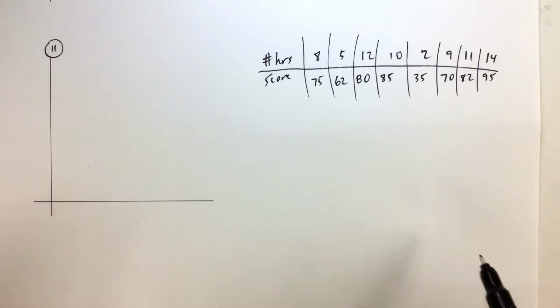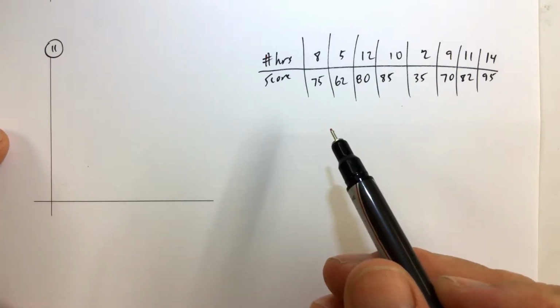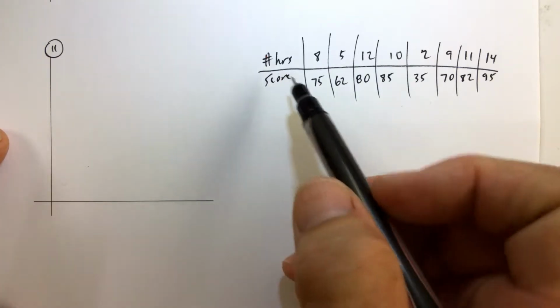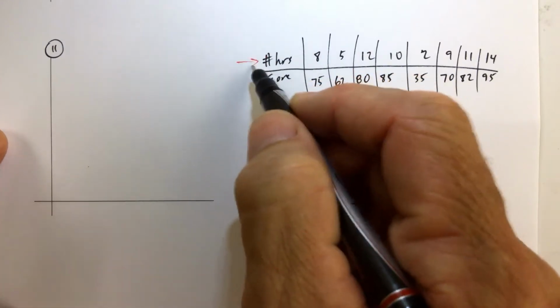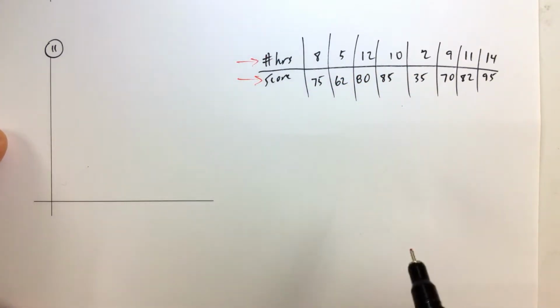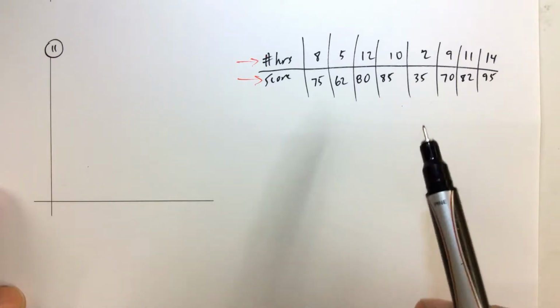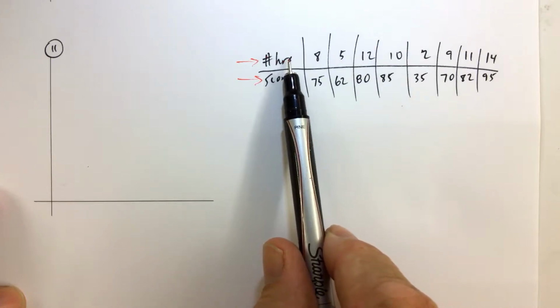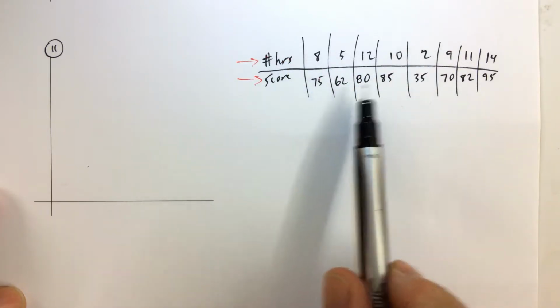What we want to realize here is that our goal is to come up with the equation of a trend line, and we're given the number of hours. One thing you always want to ask yourself is what is the independent variable and what is the dependent variable? The independent variable is the one that the other data depends on.